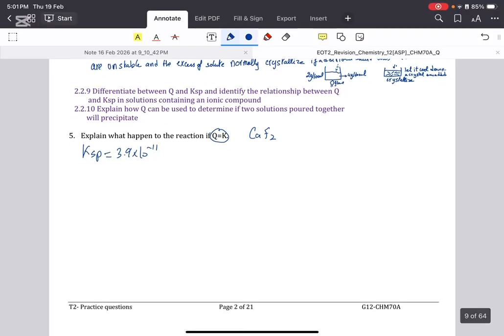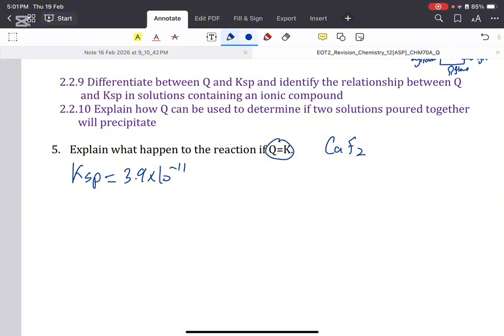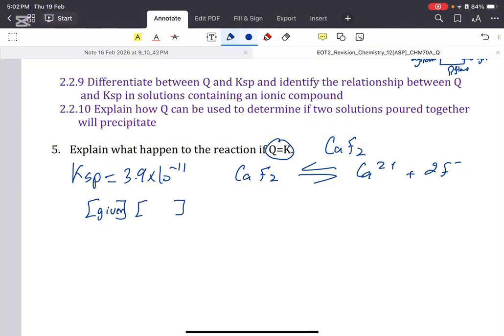Okay, let's say in this one, they are giving me certain concentrations of calcium and of fluoride.